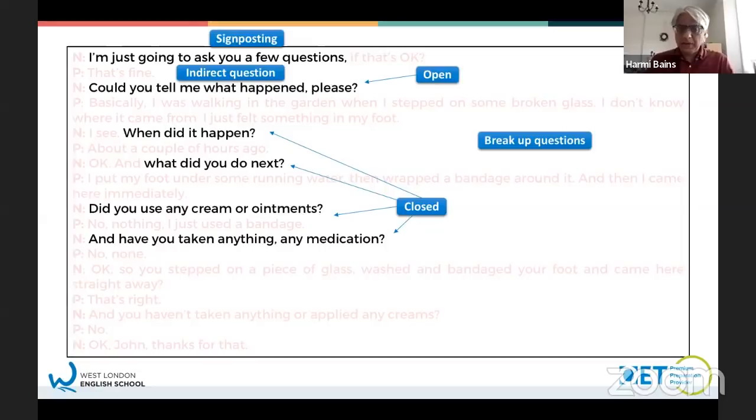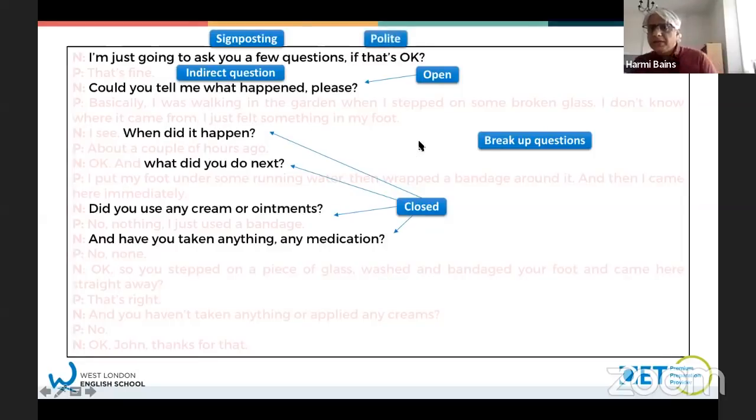And when you're speaking as well, the signpost will tell you which direction the conversation is going. So here it says, I'm just going to ask you a few questions. So the patient knows in advance that I'm going to be asking them some questions. So signposting was a nice way to start the role play.